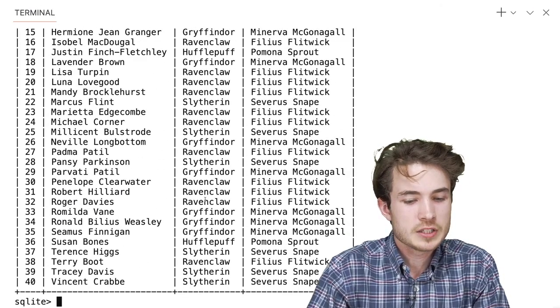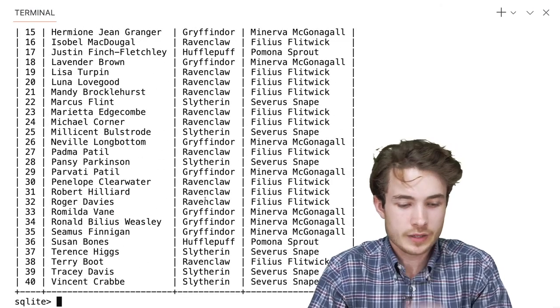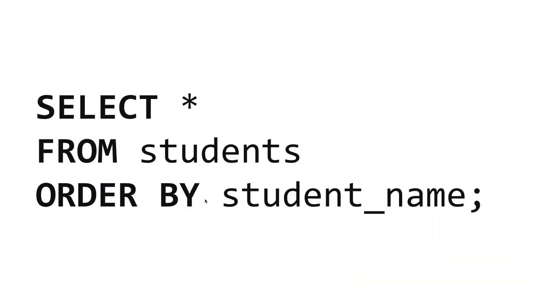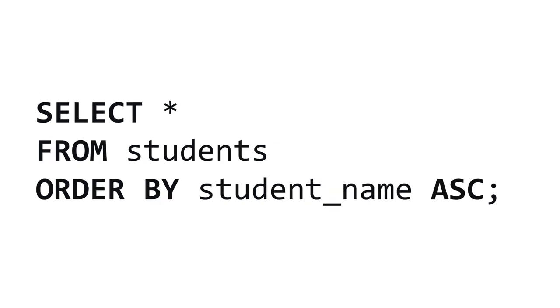But it's important to keep in mind that when you use order by without anything after it, like this here, we're getting the names in what's called ascending order. So ascending in SQL means from the lower ASCII value, like A, to the higher ASCII value, like Z. So A to Z in this case.